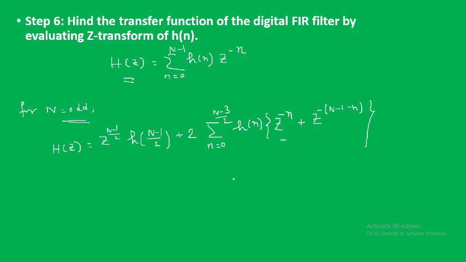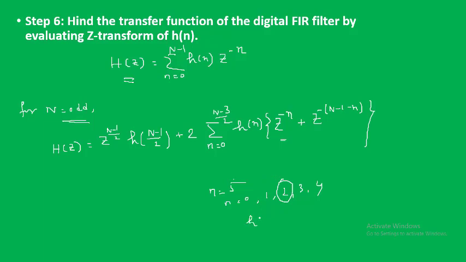Earlier for linear phase filter also we have seen this relation, that means the coefficients are the same. Say we have N equal to say 5, that means n is ranging as 0, 1, 2, 3, 4. So here this is the midpoint, so that value we are taking aside.